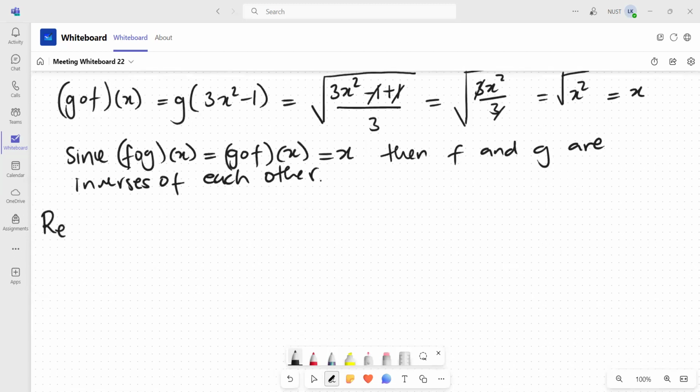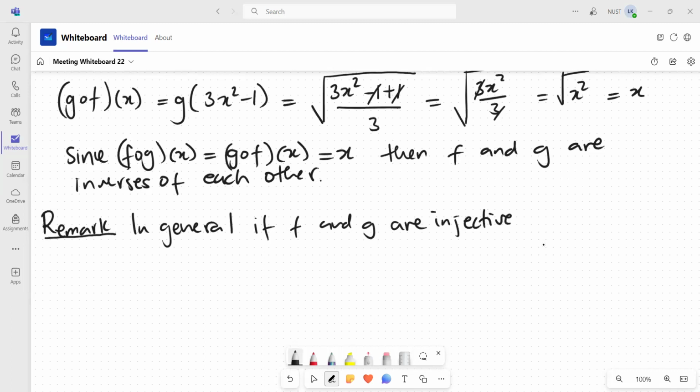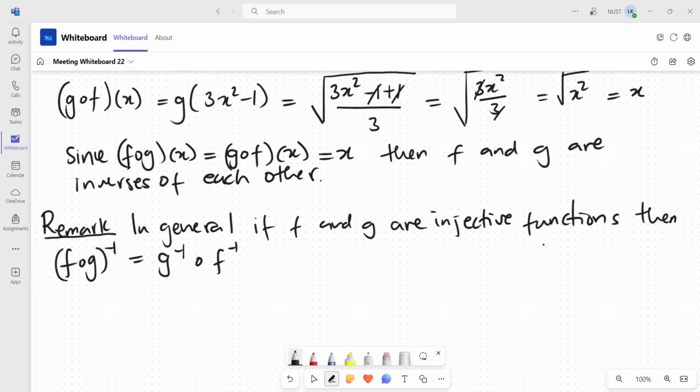Okay, so a remark here. In general, if f and g are injective functions, then the inverse of their composition is equal to g inverse composed with f inverse.